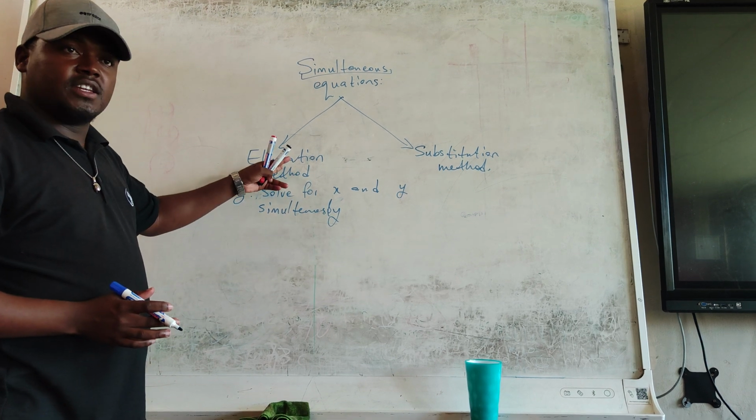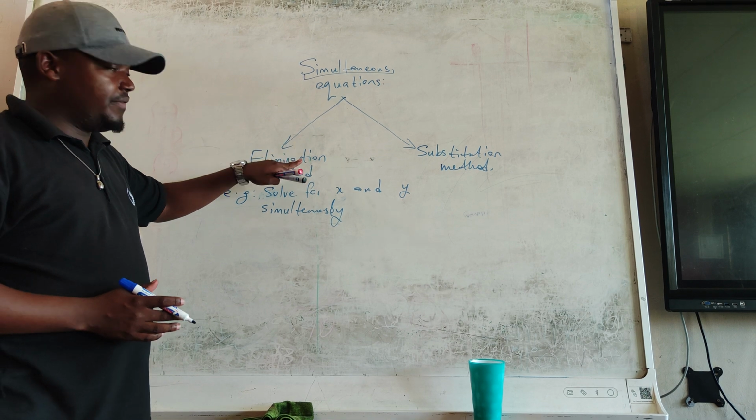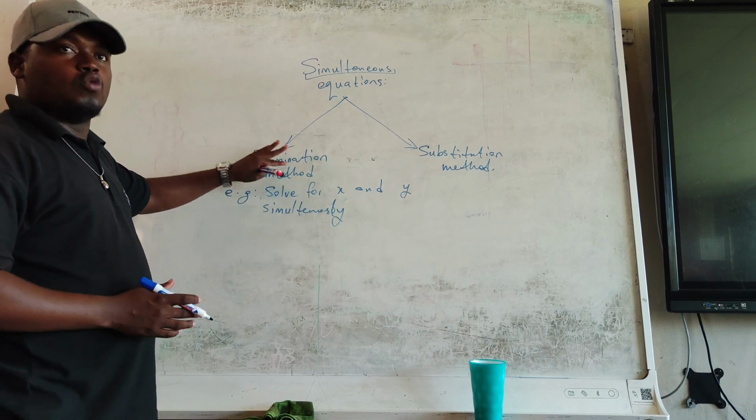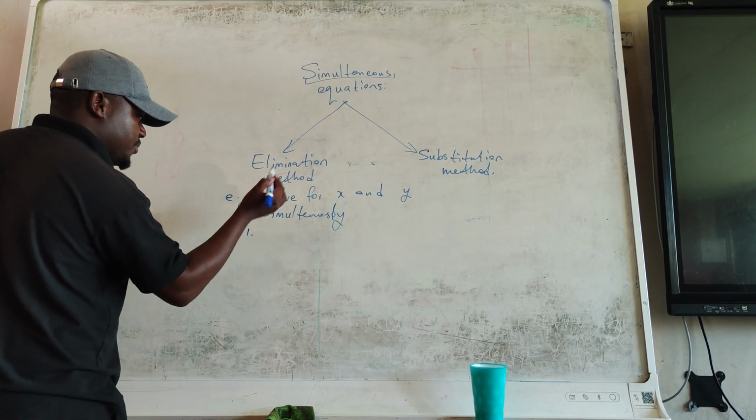If you understand this one better and the question is workable, you will do this method. But if they say using elimination, you are forced to use this type of method. Here's example number one.